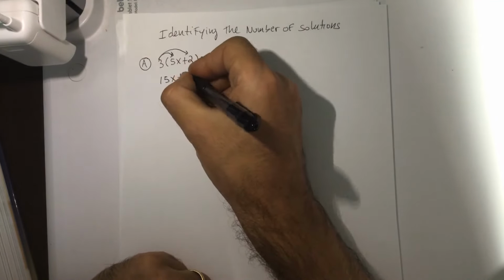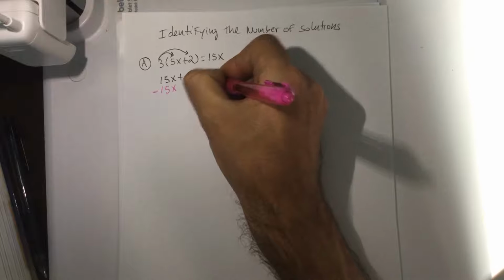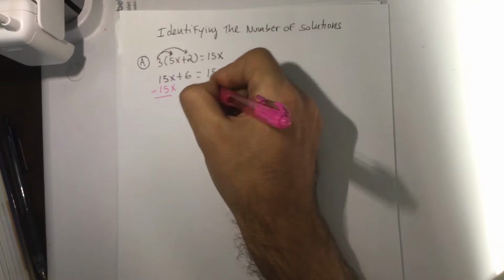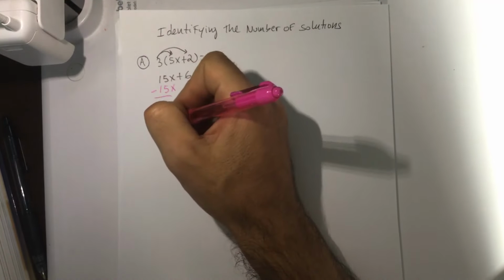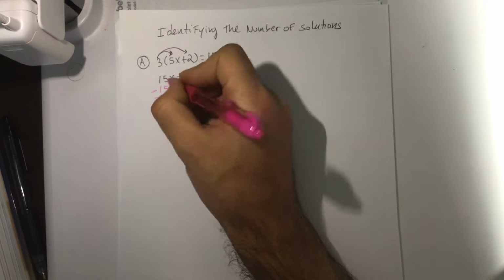Now, we got variables on both sides of the equation. So we gotta try to isolate the variables on one side of the equation, right? And something funny is gonna happen here. If you subtract 15x from both sides of the equation, all of the variables are gonna cancel. 15x minus 15x is gonna be a 0, they cancel each other.